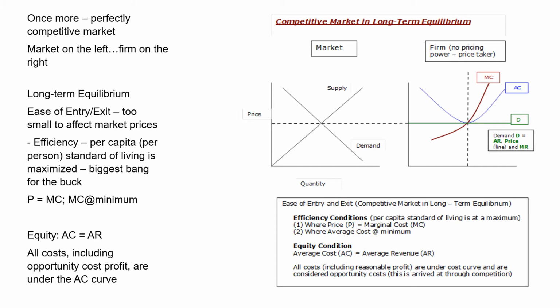So you're getting the maximum number of goods and services at the lowest possible price. We also have price equal to marginal cost, and marginal cost is at a minimum. Likewise, when we look at the equity conditions, the average cost is equal to average revenue at that point, and also all costs, including opportunity cost, are under that average cost curve line.